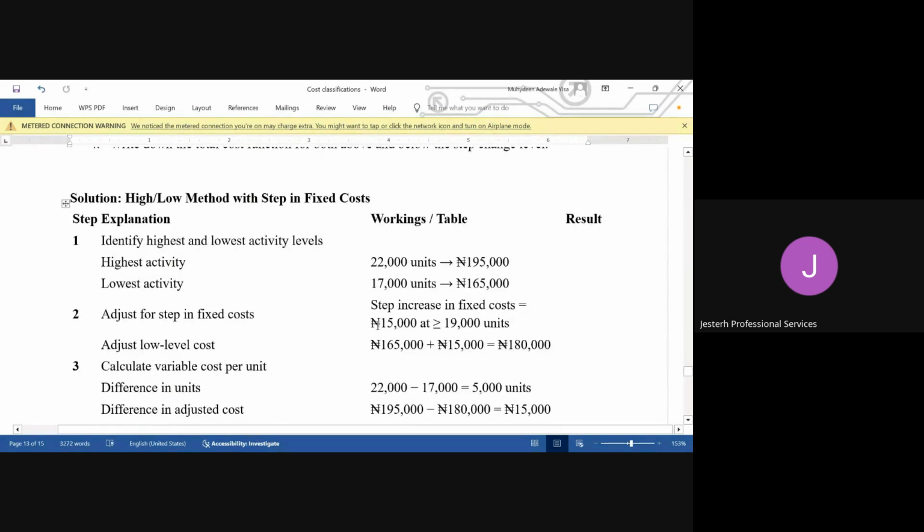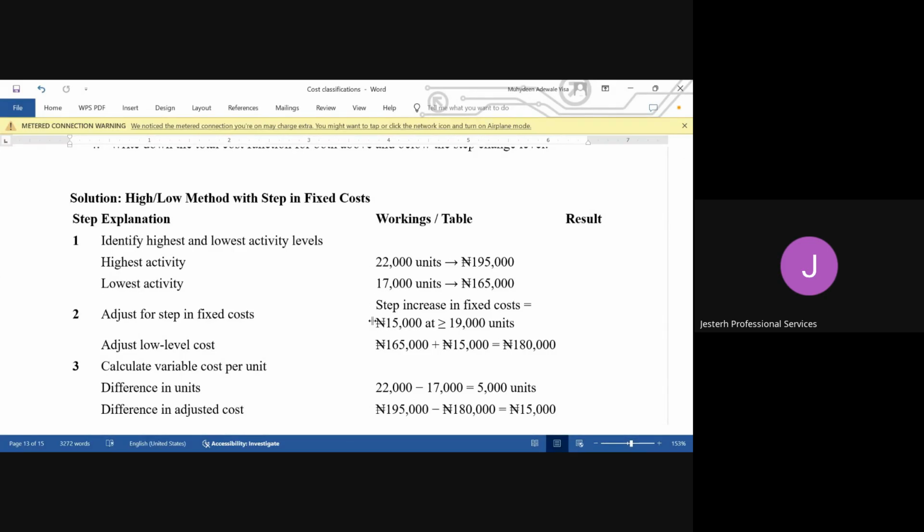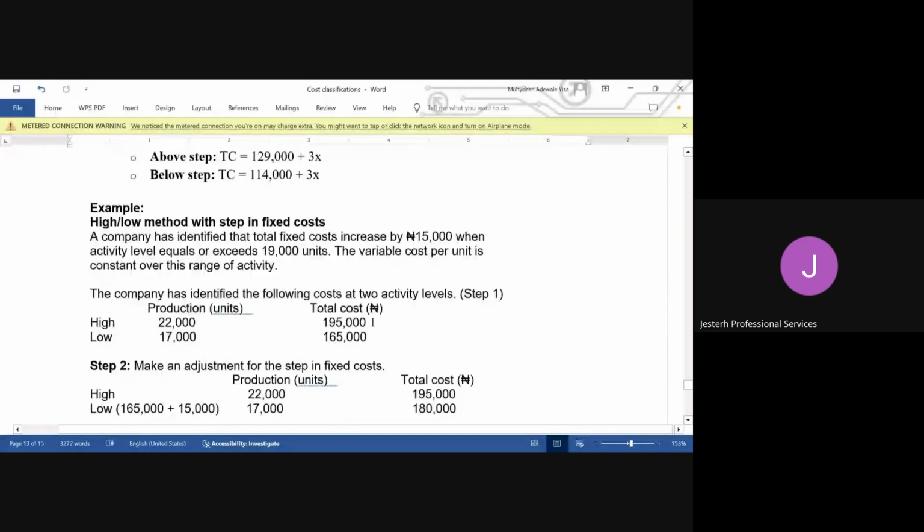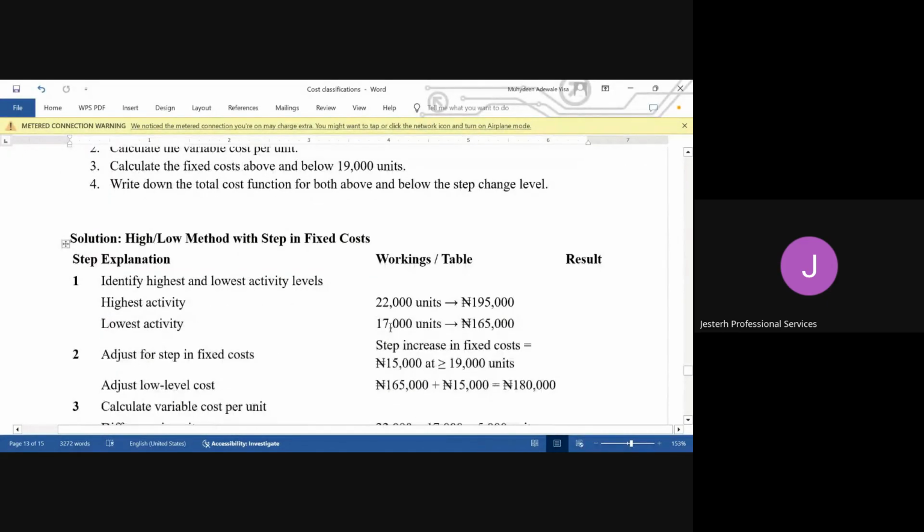You can see now, once our level of activities is equal to or more than 19,000, our fixed cost will be increased by 15,000.